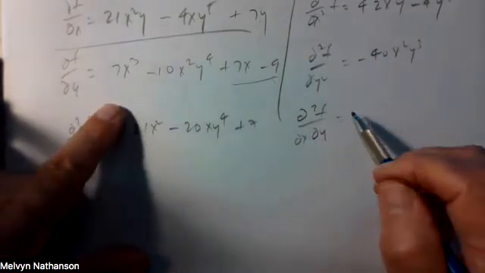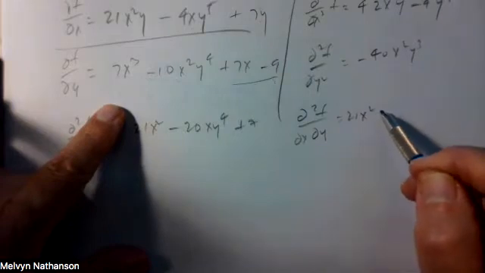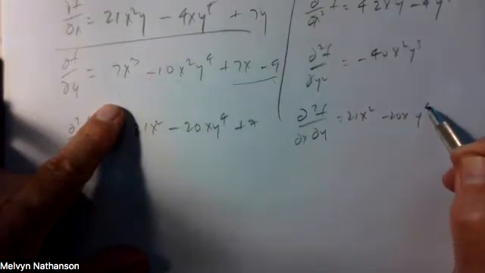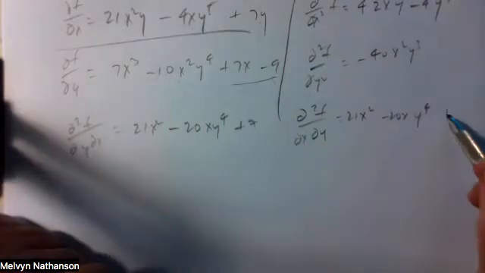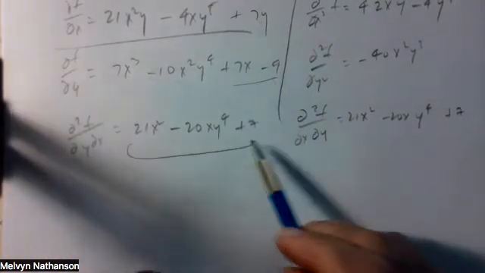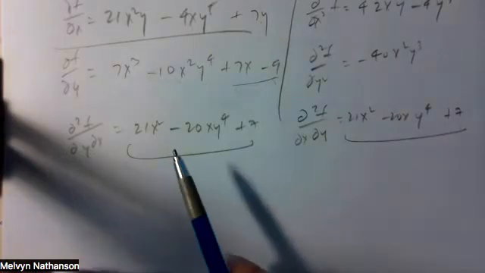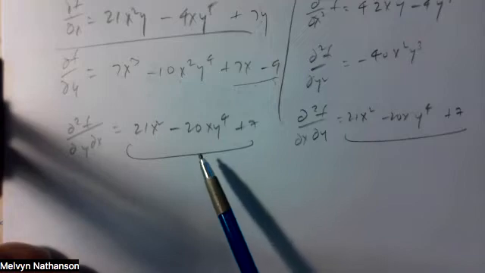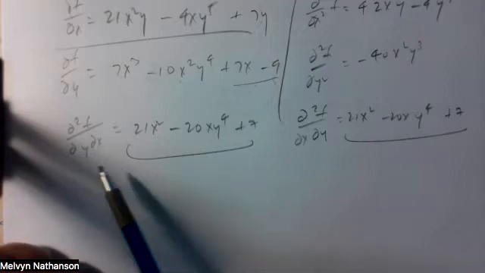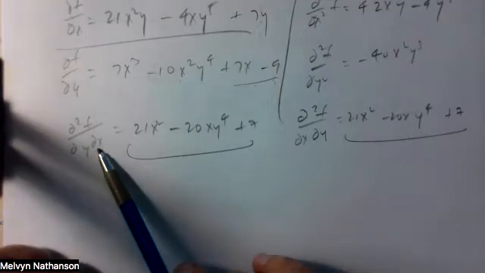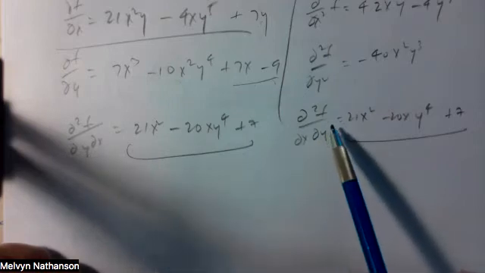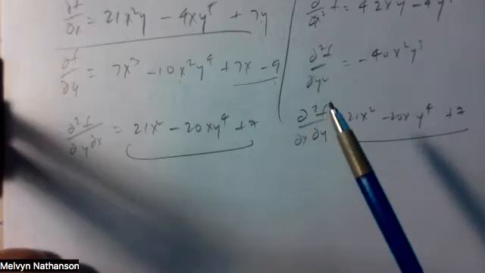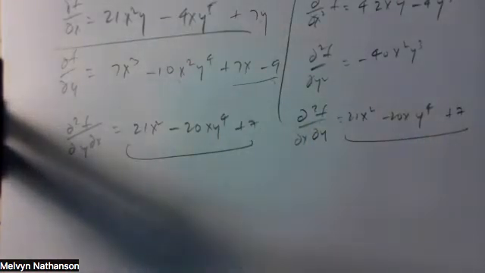I get 21x squared minus 20x y to the 4th plus 7. And of course, you'll notice these two are the same because for functions with continuous derivatives, the order of differentiation doesn't matter. If you differentiate first with respect to x and then with respect to y, or alternatively, first with respect to y and then with respect to x, you get the same answer.